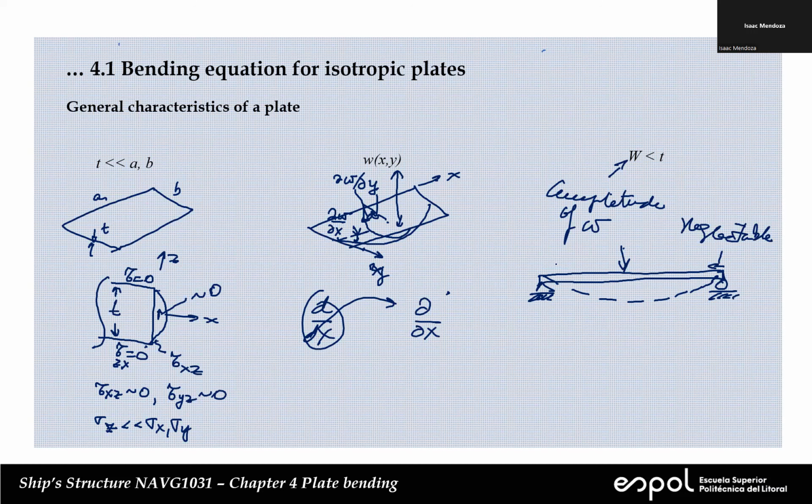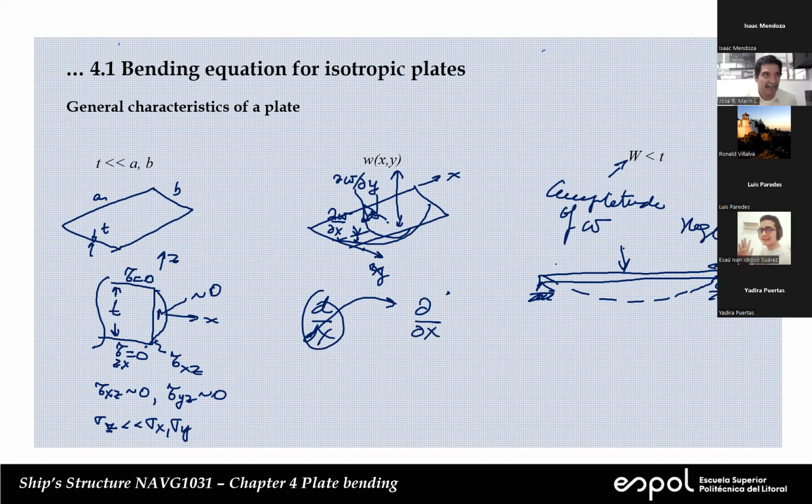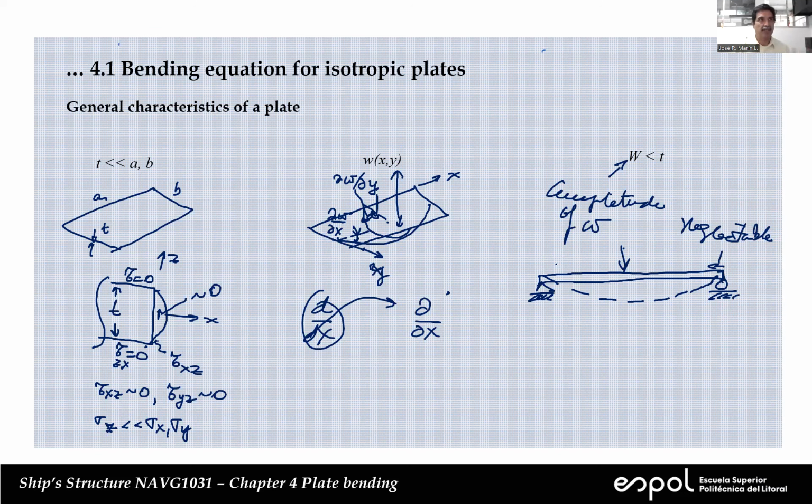Engineer Isaac is doing his master thesis. And in that case, we cannot assume this. The deflections in his case are very large, extremely large. And the result is that in his case, the lateral is coupled with the in-plane. In our case, no. We assume that what we do in this direction is not coupled with what happens in the other direction, they are uncoupled.